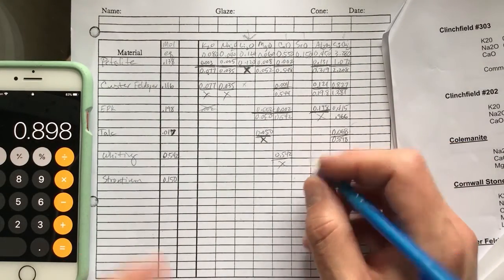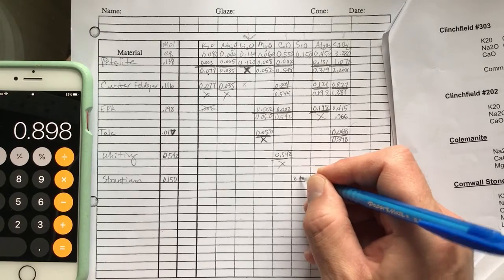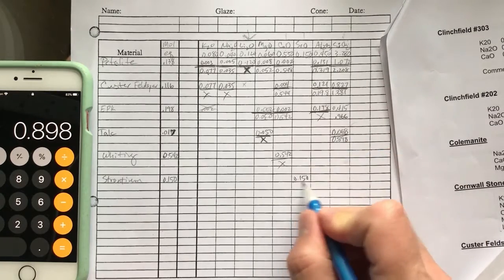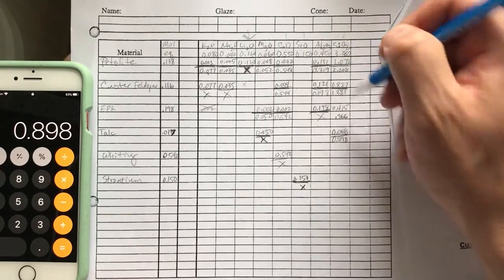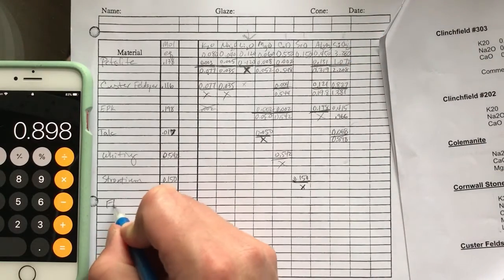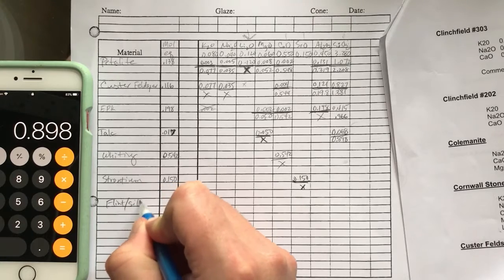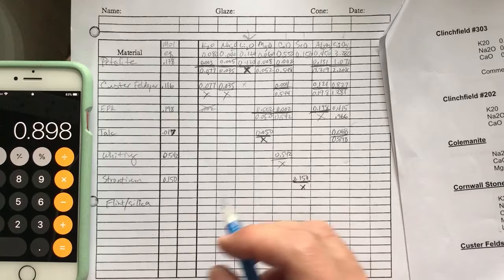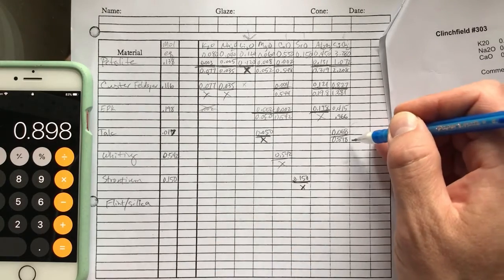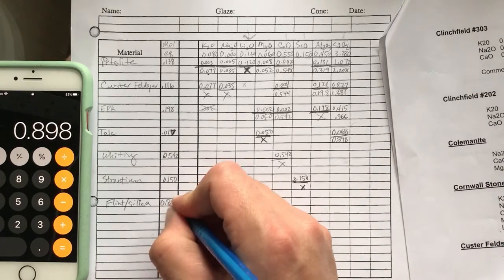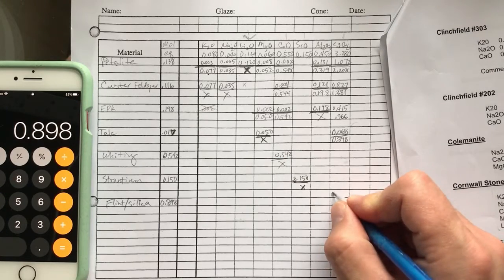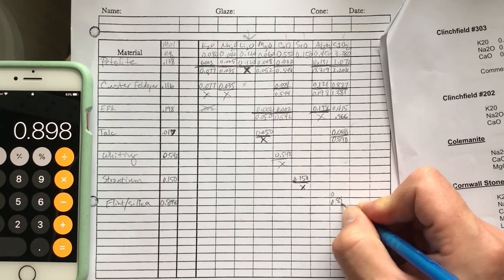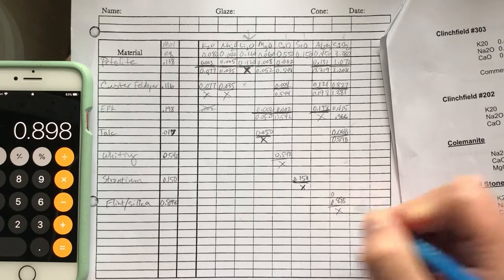So we're just going to times it by 1, 0.150. That'll X that out. Alumina's X'd. Now silica. So we go flint, silica. Still in the frame there. So I need 0.898, and it's just 1 silica, so 0.898, and that'll X that out.